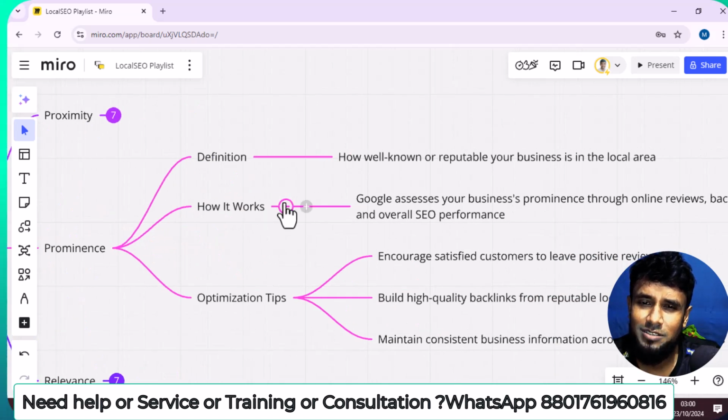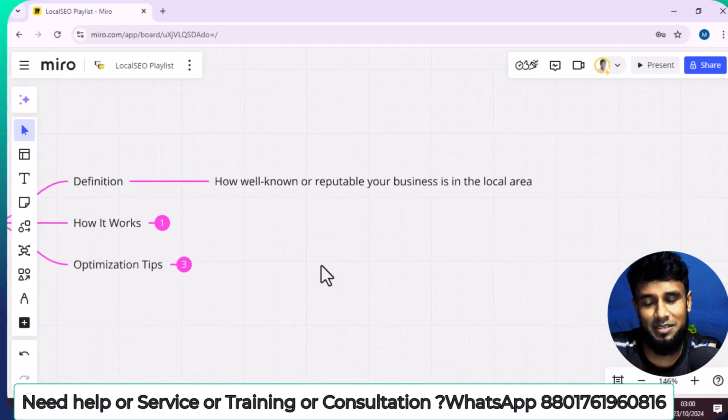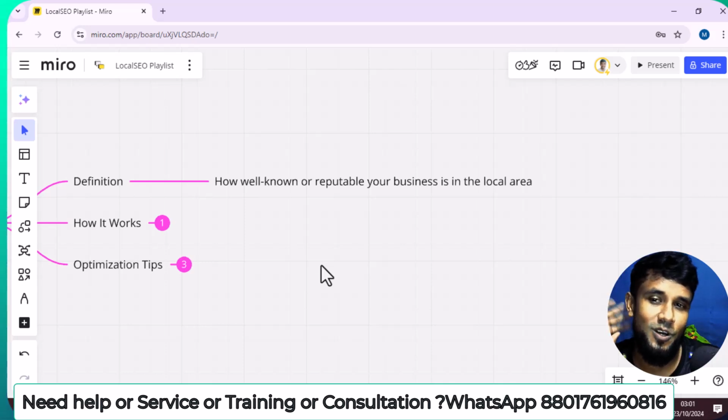And then prominence. You should know prominence. So what is prominence? It's trust and authority. How well known and how reputable your business is in the local area, how many Google reviews you have on your business profile. Like two similar businesses: one has 100 Google reviews and another has only 5 Google reviews.